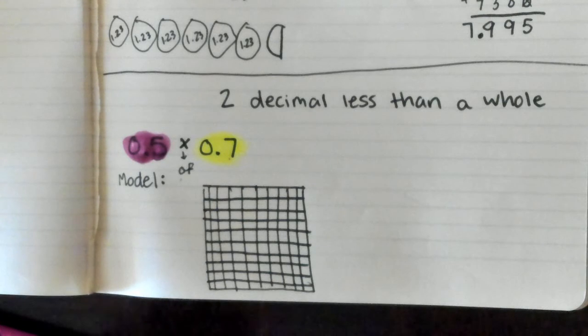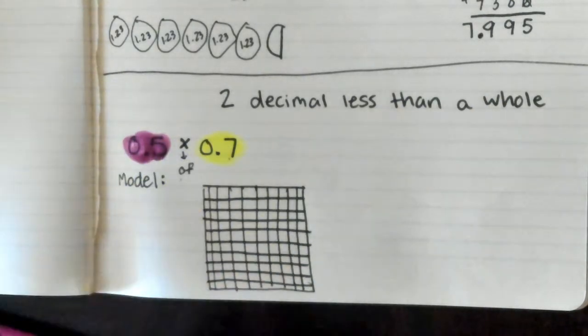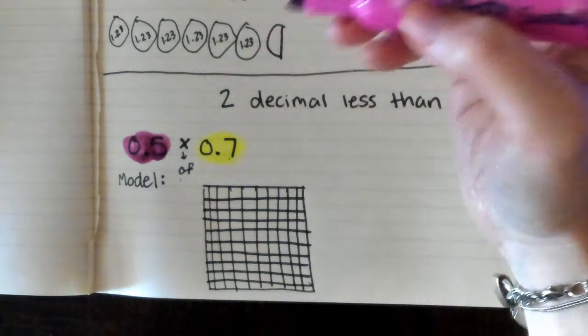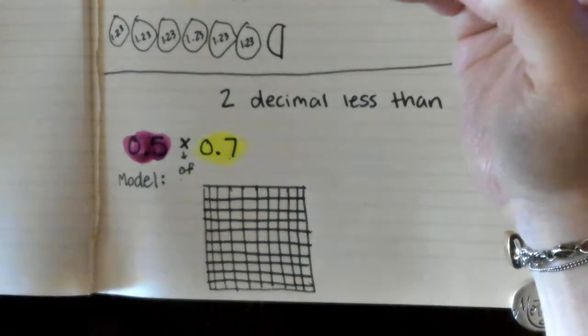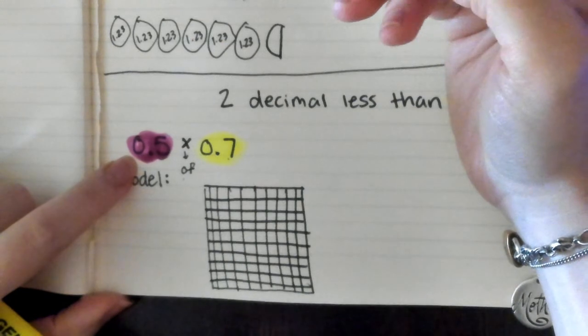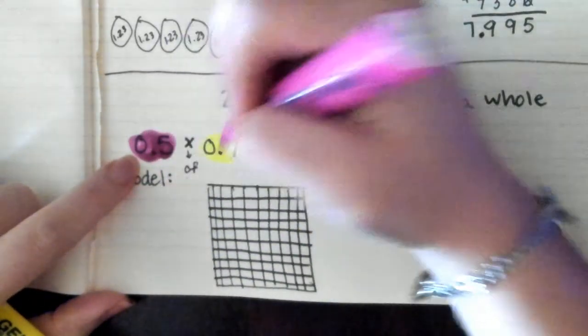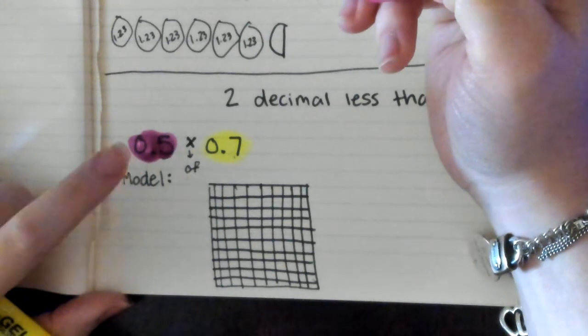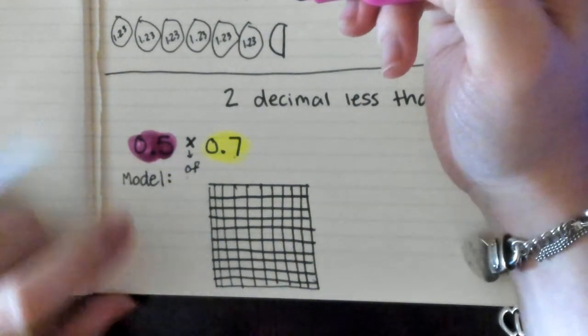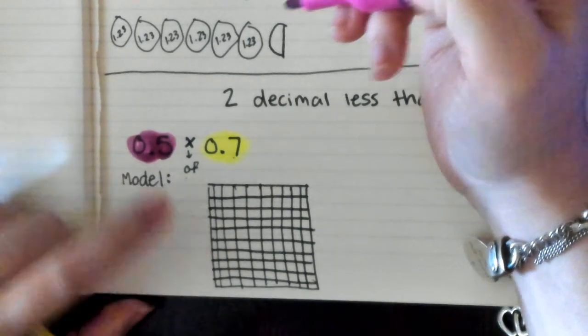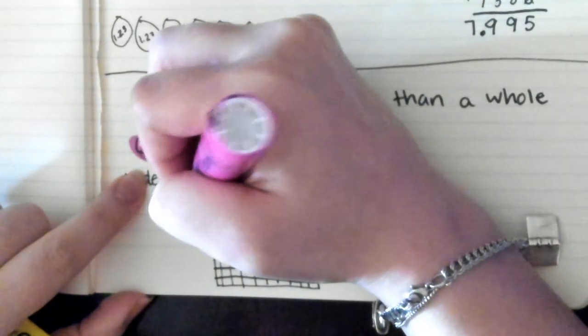So I see 0.5 and I see 0.7. And for this model, what we do is that we model the 0.5 first, and we can model that horizontally or vertically, it doesn't really matter. So 0.5, remember that's a half. So if I color in 5/10 of this grid, well remember each one of these is a tenth, so I'll do vertical.